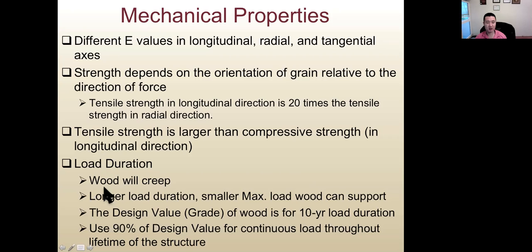And wood will have more creep compared with concrete. So the longer the load duration, the higher the creep. So we should reduce the maximum load the wood can support for longer duration. The design value of the wood is for 10 years load duration.